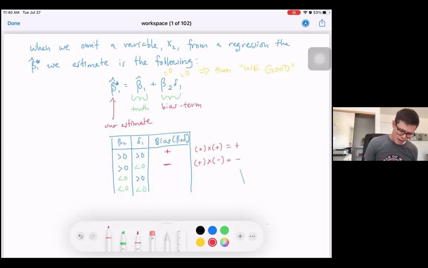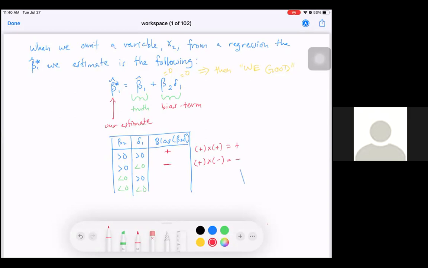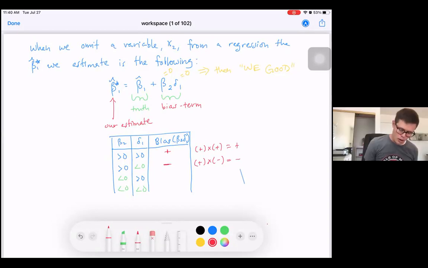If beta 2 is negative and delta 1 is positive, we also get a negative because a negative times a positive is negative. And what if they're both negative? What if X2 has a negative effect on Y and X1 and X2 are negatively related? Well, a negative times a negative is a positive.